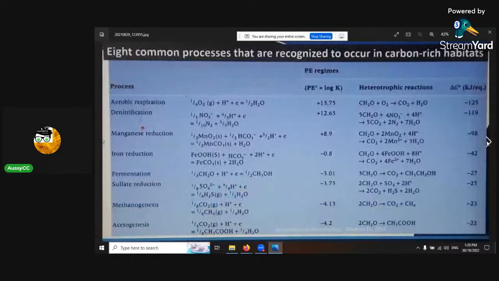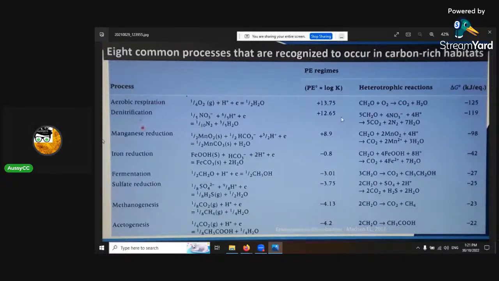Metabolism. Eight common processes that are recognized to occur in carbon-rich habitats. Denitrification, iron, fermentation. Oh, this is how it goes. This is the process from the energy. Oh, right. So see up here, from aerobic respiration with oxygen as an electron acceptor, microbes can get the most energy out of it.